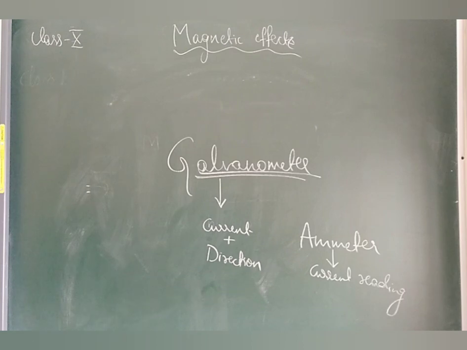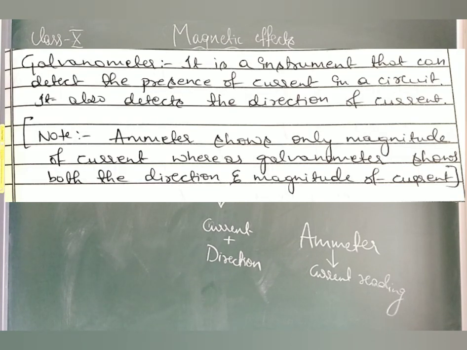So a galvanometer is an instrument that can detect the presence of current in a circuit. It also detects the direction of current. An ammeter shows only the magnitude of current, whereas a galvanometer shows both direction and magnitude.